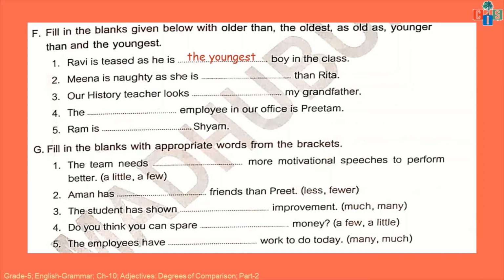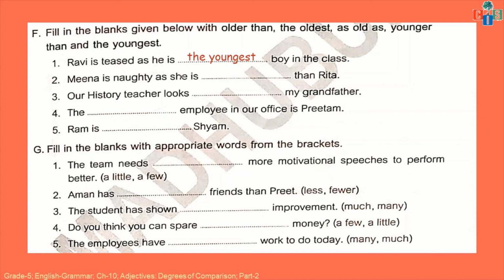Okay, I used a word from the options. Now the second one, Meena is naughty as she is dash than Rita. So comparison is there. We are talking about two persons, Meena and Rita.